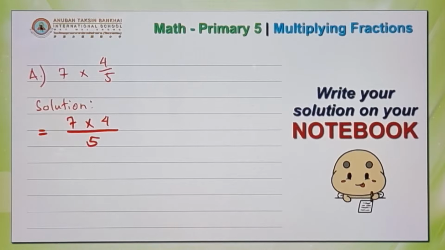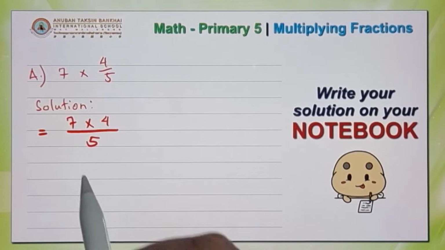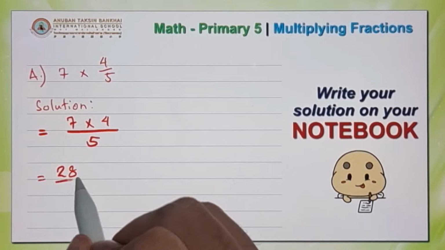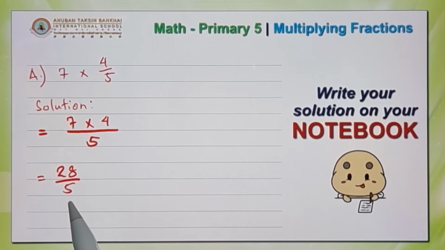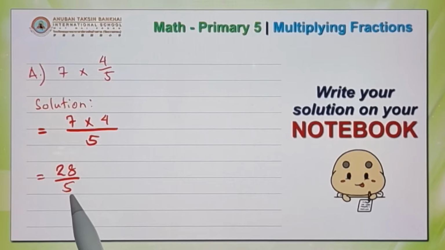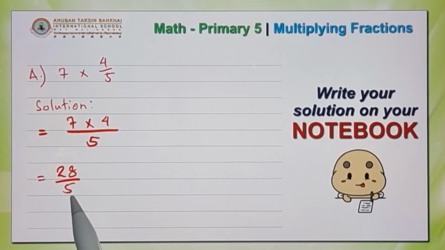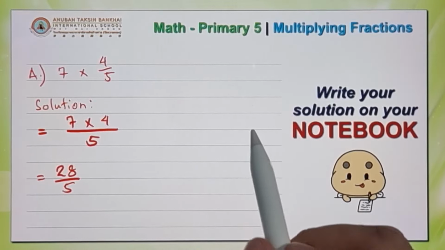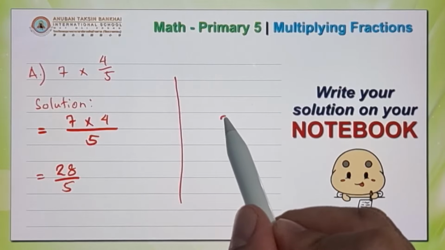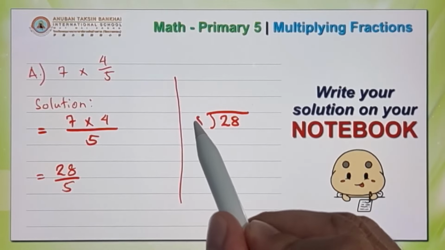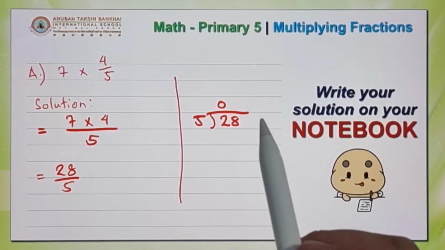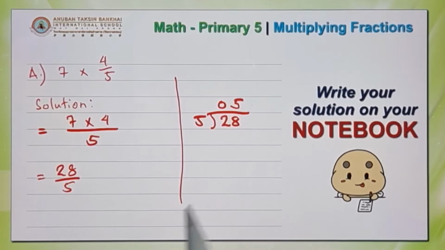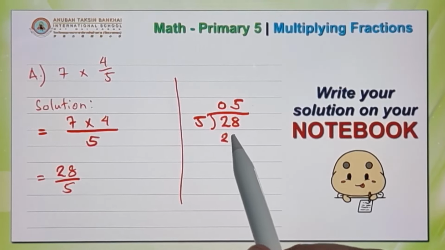And that is 7 times 4. We have 28 over 5. So since this is an improper fraction, we need to change this into a mixed number. So we can have here 28 divided by 5. 28 divided by 5, we have 5. 5 times 5, we have 25.